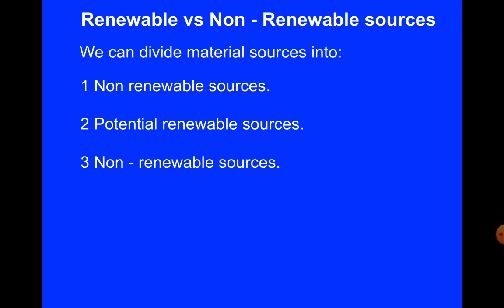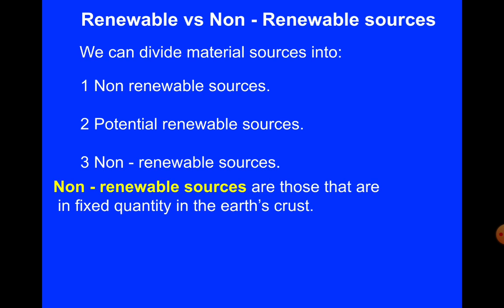Now, the non-renewable sources are those that are in fixed quantity in the Earth's crust. But it's not going to change. Well, it is going to change because we're going to reuse those non-renewable sources, yeah? Remember which non-renewable sources we use.